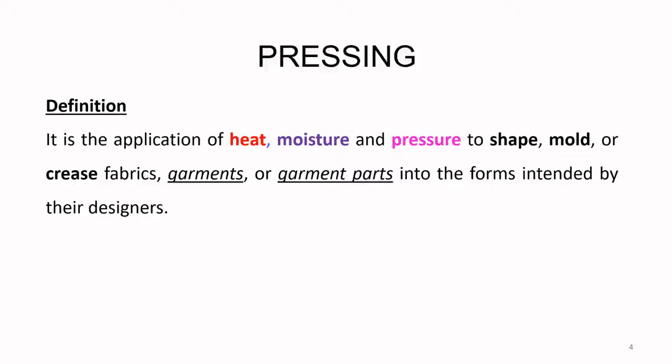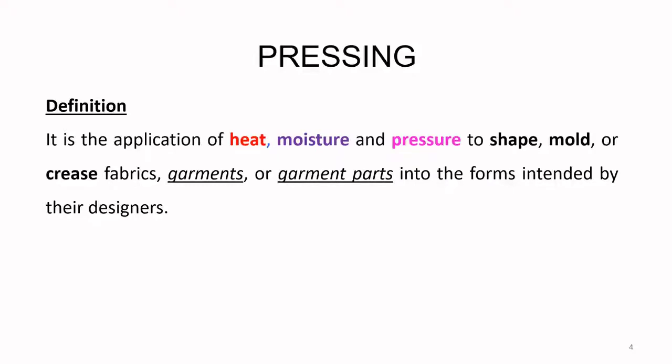And then we talk about the shape, mold or crease. So you make the creases and then you press it so that the crease stays, or you give a particular shape to it, or you mold it in a particular three-dimensional shape.